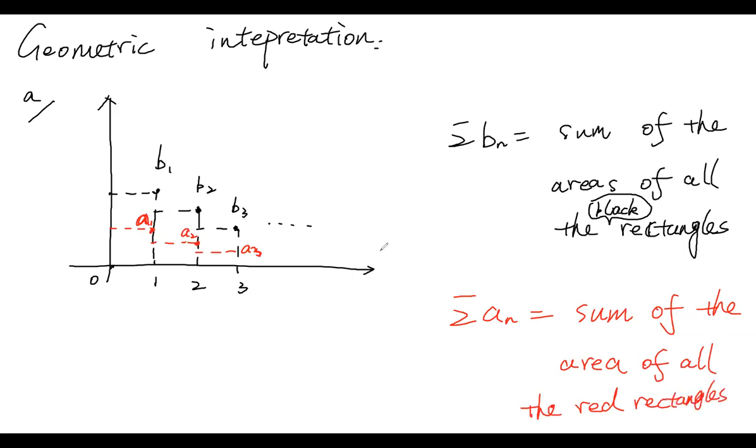So if the sum of all the black rectangles is convergent, or is a finite number, so will be the sum of the red rectangles, the series An. For the divergent counterpart of the comparison test, you can give a similar interpretation.